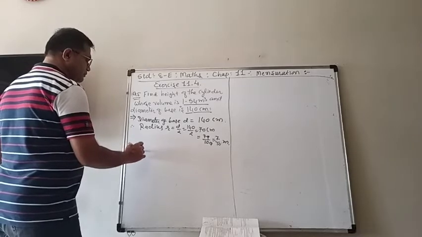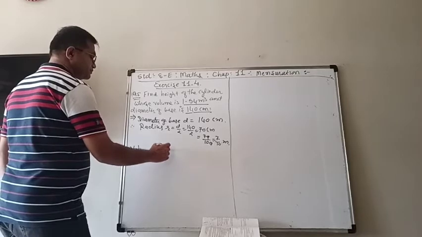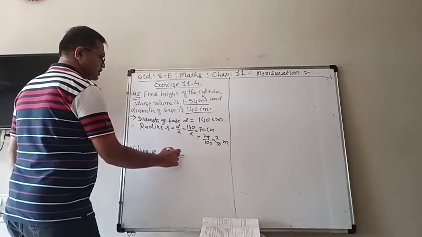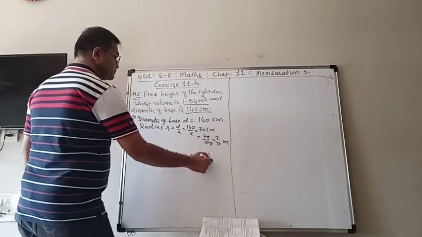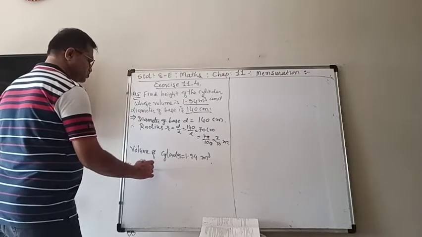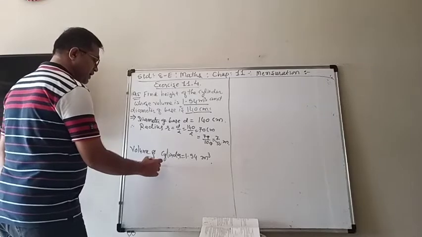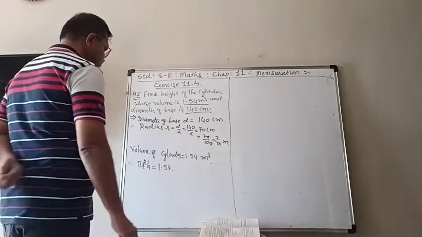So now volume of cylinder is given as 1.54 meter cube. So pi r square h, we have to find the height. Pi r square h is 1.54.